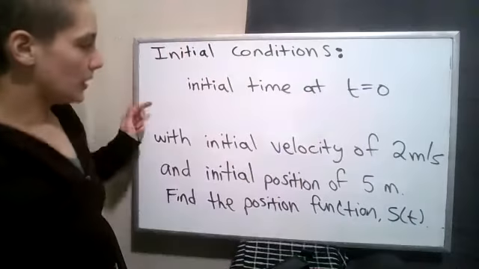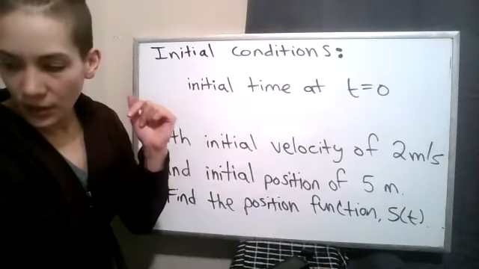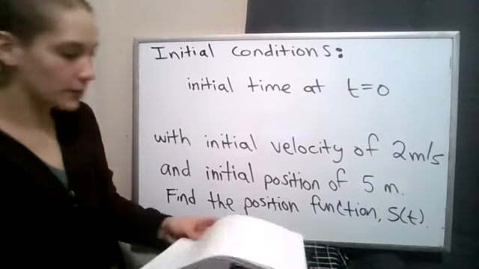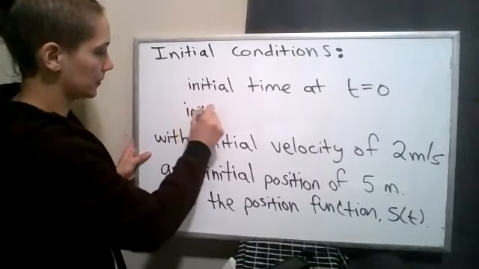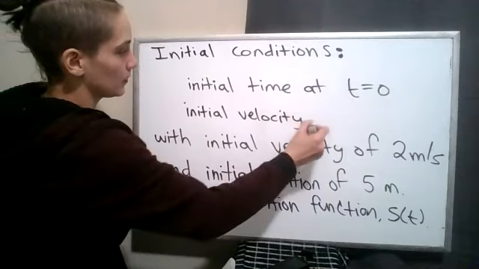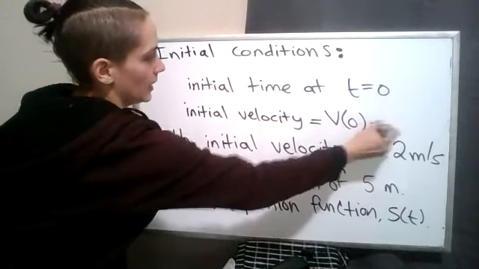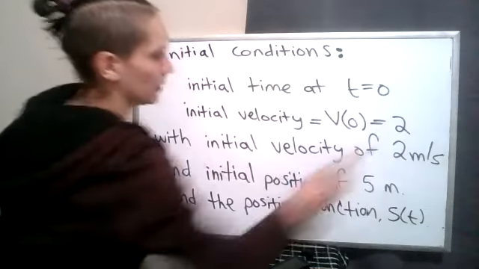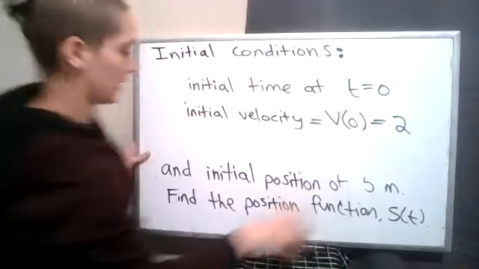Initial velocity of 2 meters per second, so that would be v of 0, the velocity at time 0, and that is 2.